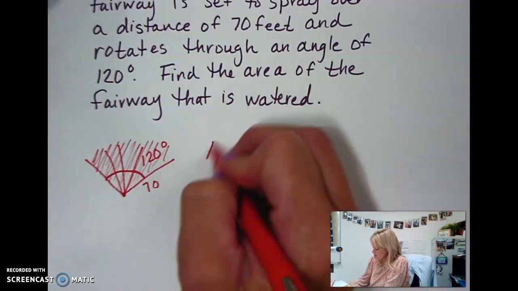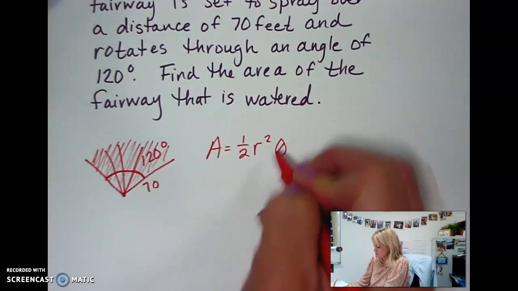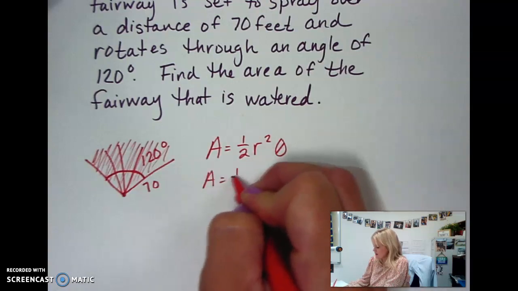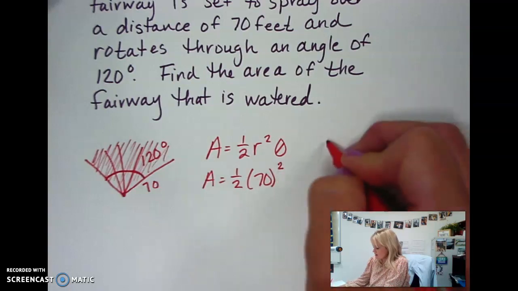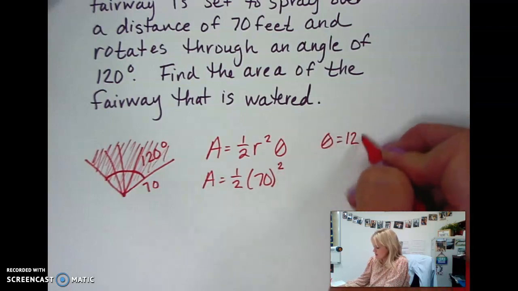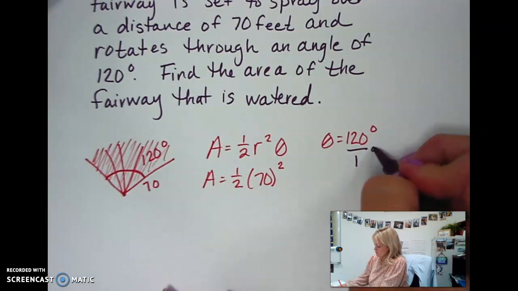So we are going to use area equals 1/2 r squared times theta. We know that r is 70 and theta is our angle at 120 degrees. However, we need that in radians, so we need to convert this to radians.